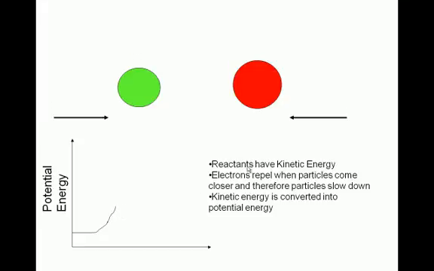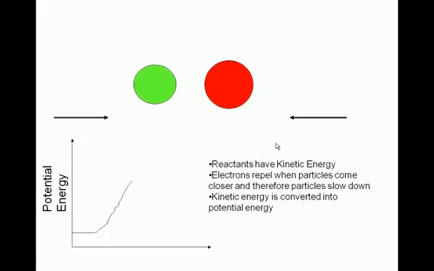Okay, so reactants have kinetic energy, they're moving closer to each other, and when they start to come closer, about to collide, the electrons start to repel. When the electrons start to repel, the particles are going to get closer, and therefore the particles are going to slow down. So we see them slowing down, and they're coming closer and closer, and the potential energy still increases.